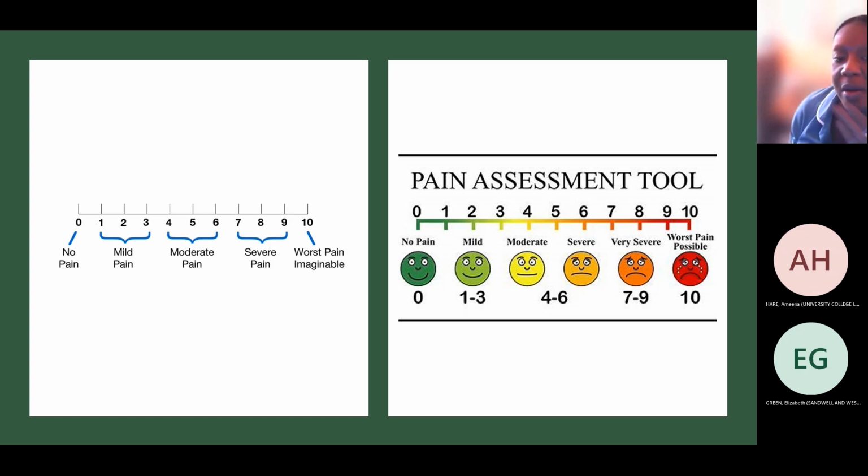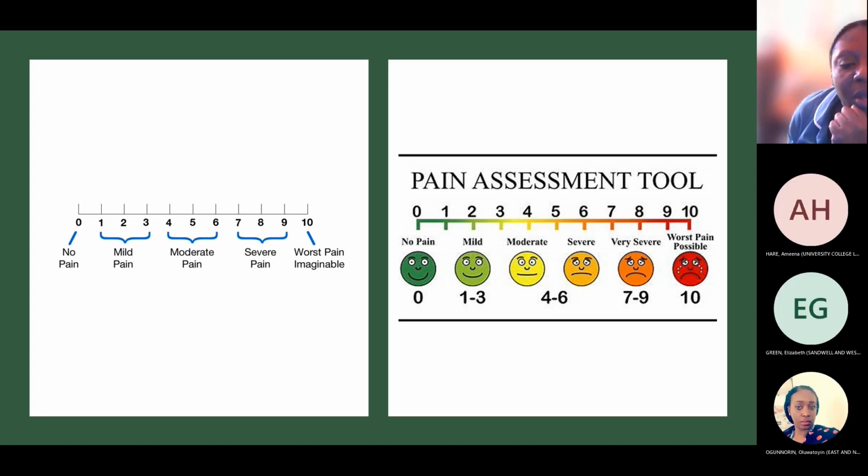Some of our adult patients sometimes respond better to the pain assessment tool that they use in pediatrics, especially the ones who have learning difficulties. I find it quite useful compared to the 0 to 3, because sometimes the patient can be telling you something different.